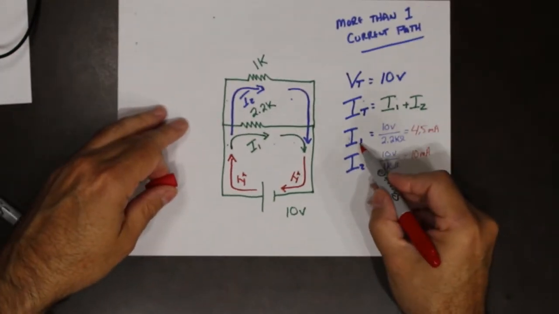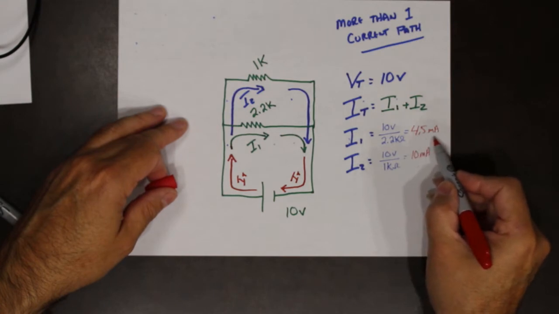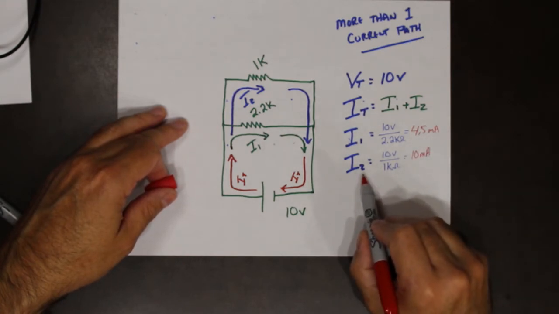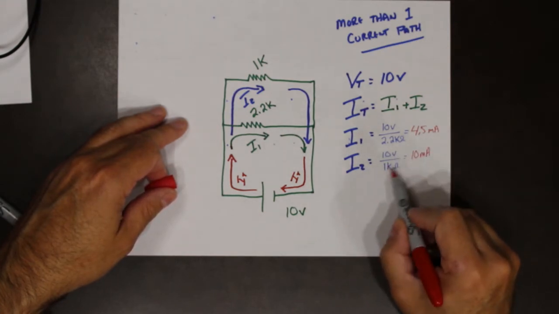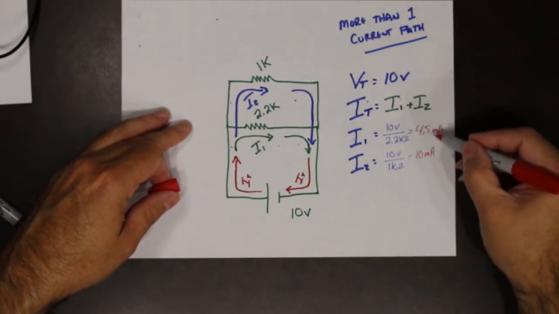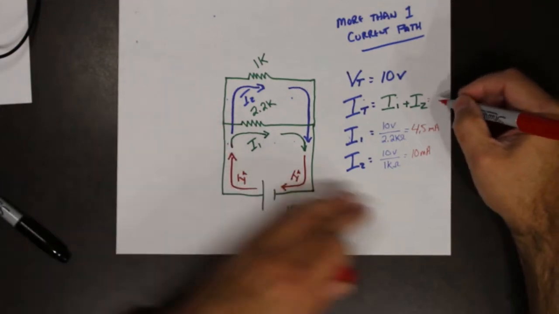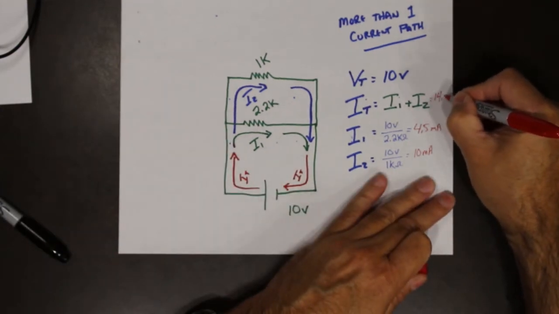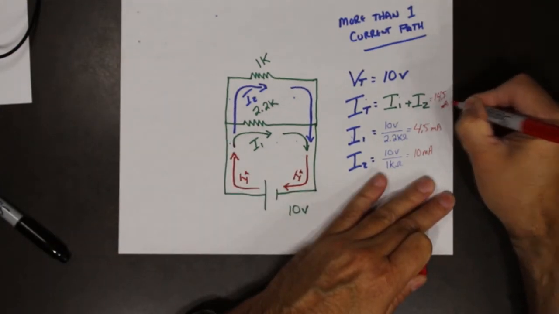So if we know I1 based on Ohm's law is 4.5 milliamps, I2 based on Ohm's law is 10 milliamps, then I total is adding those two up. So that comes to 14.5 milliamps.